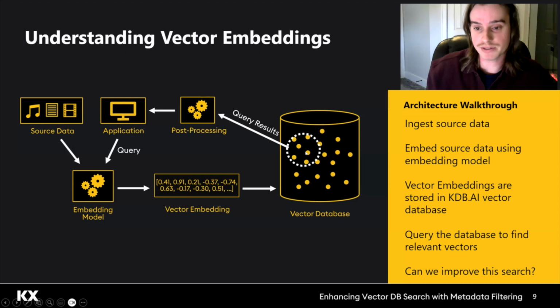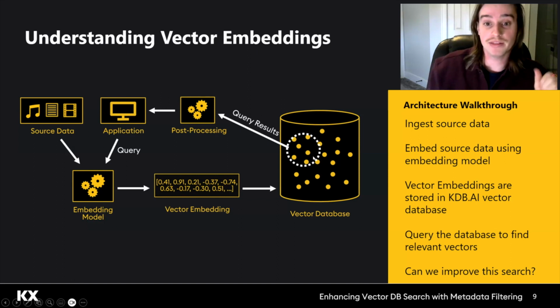What that means is that we can ask a question about our data in natural language, and it's going to return the most relevant vectors to our question based on the semantic meaning of the underlying vector.